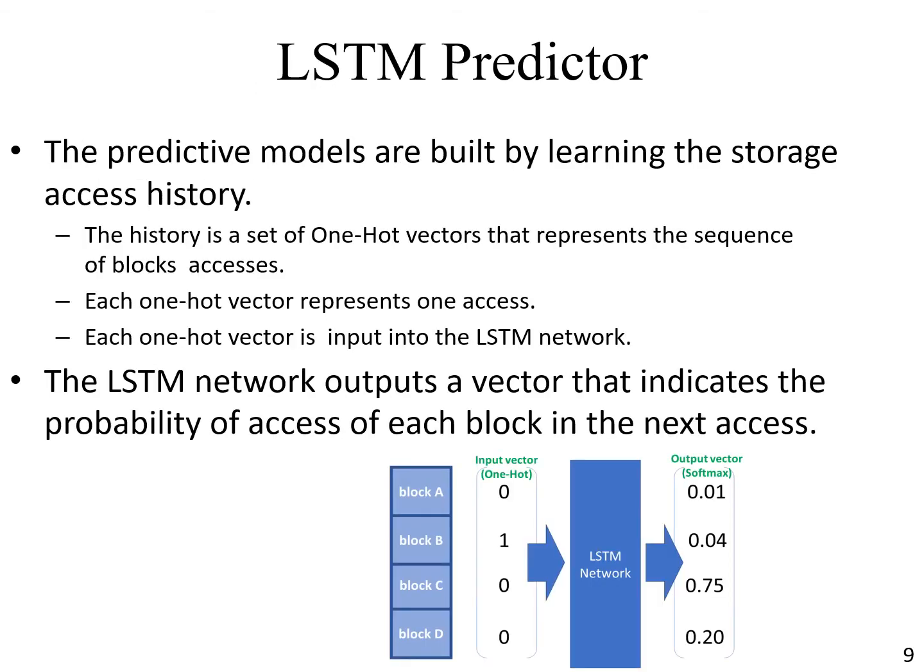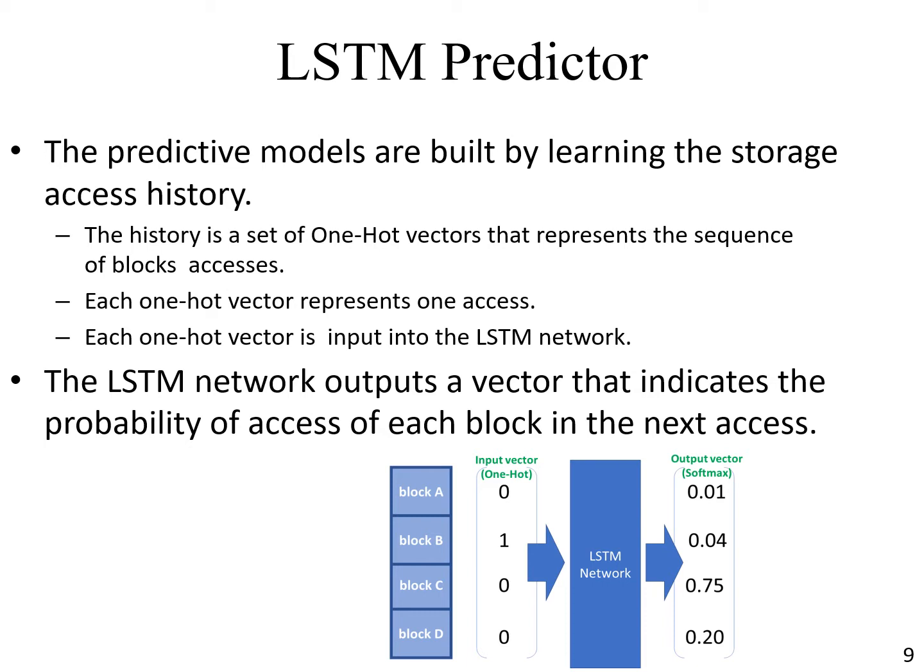This is the LSTM predictor. The predictive models are built by running the storage access history. The history is a set of one-hot vectors that represent the sequence of block accesses.